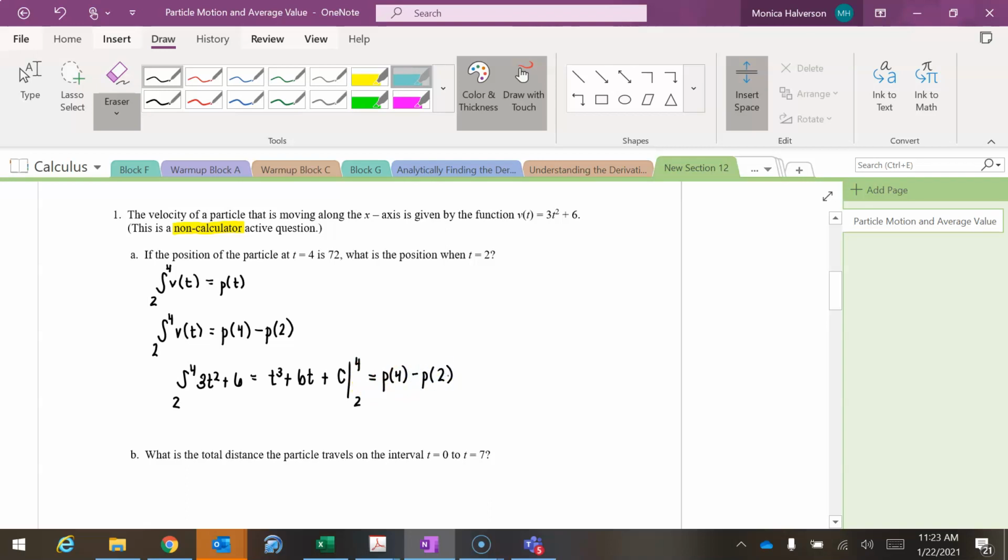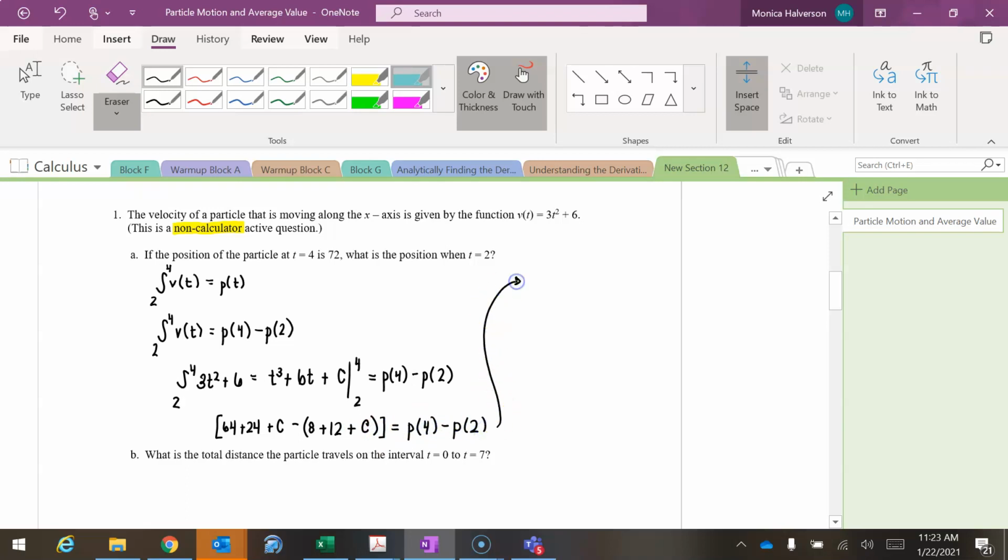So we would plug this in, and we'd get 64 plus 24 plus c minus 8 plus 12 plus c equals p of 4 minus p of 2.